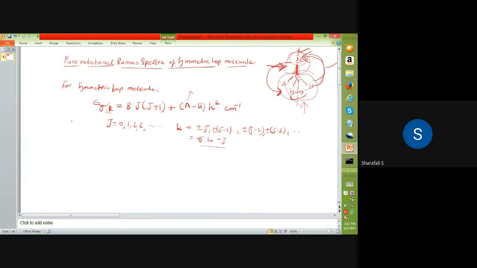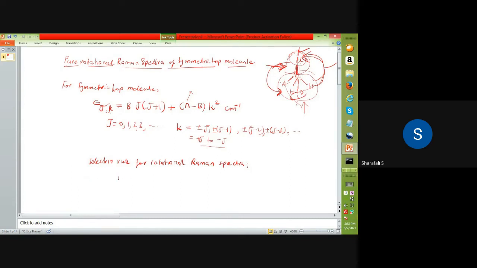And the selection rule for the transition for this particular symmetric top molecule. We are talking about the Raman spectra, so it is associated with the Raman spectra. So the selection rule for rotational Raman spectra. What will this selection rule be?